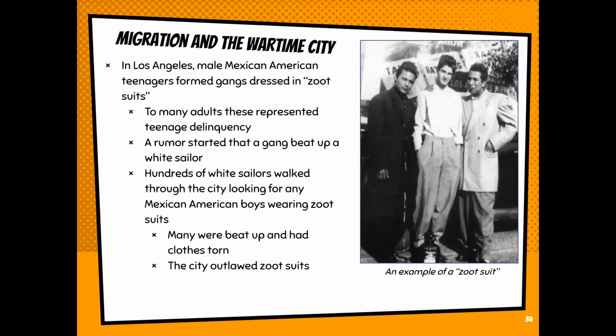And so hundreds of white sailors began walking around Los Angeles, especially through a neighborhood that was mostly Mexican-American workers, and any young men wearing zoot suits could be attacked and beaten up.